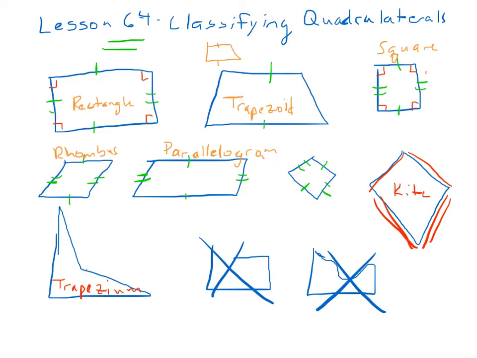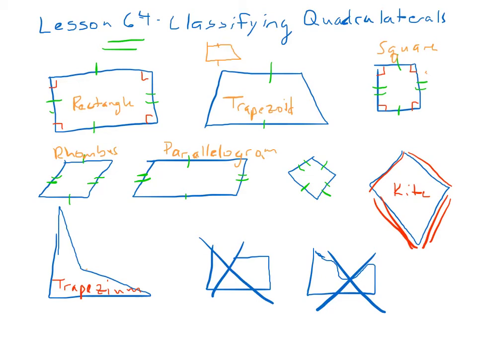Opposite sides are parallel, but the corners are not square corners. So we see all the types of quadrilaterals that we will be studying here.